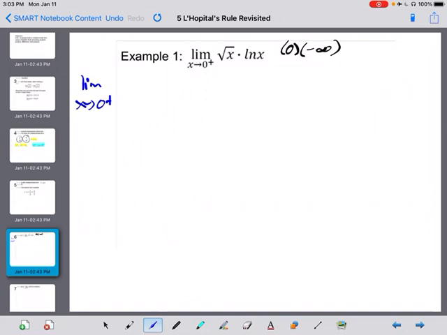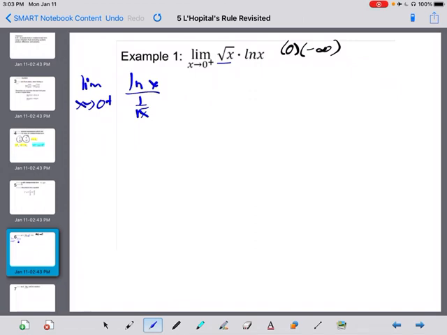I'm going to bring down the radical, because working with natural log to the negative first power is just going to be kind of annoying. So I'm going to rewrite this as the natural log of x divided by 1 over the square root of x.